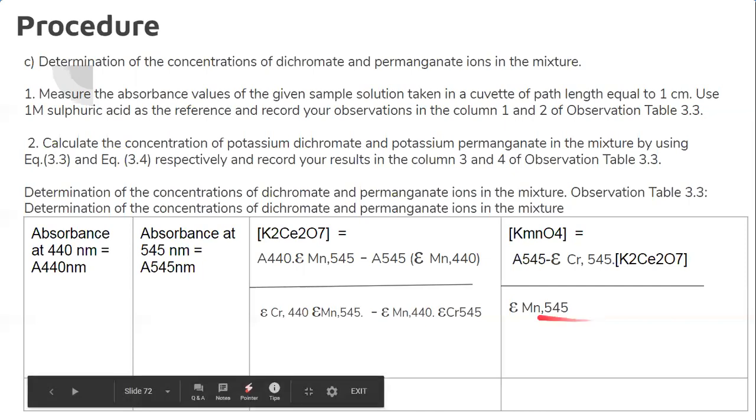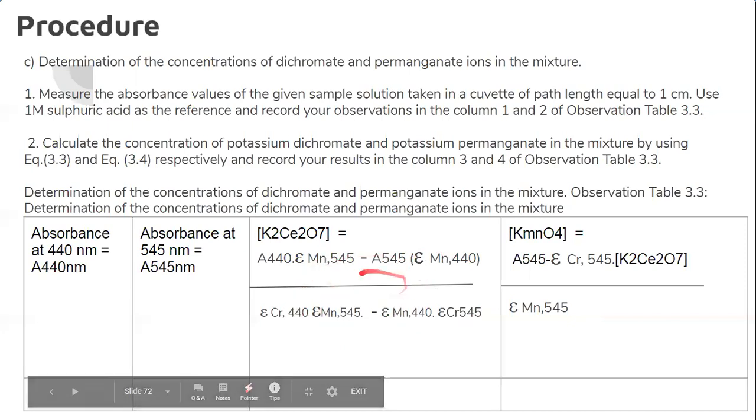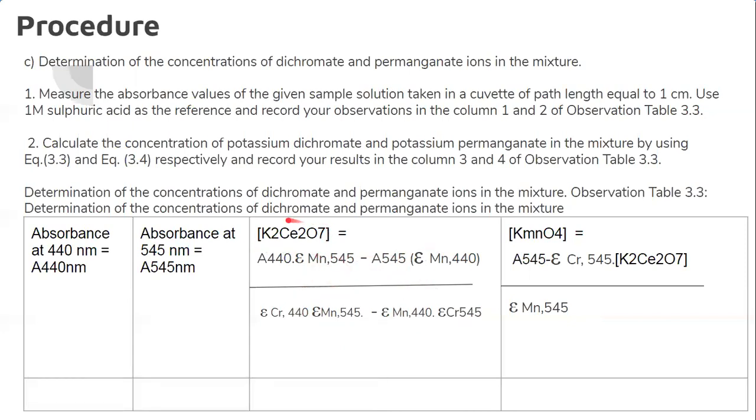These epsilon values will be substituted in this formula along with these values of the sample. By means of this formula, we can find the concentration of the given unknown or sample solution, potassium dichromate as well as potassium permanganate.